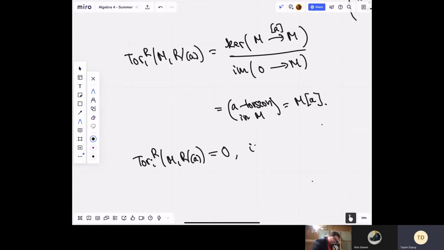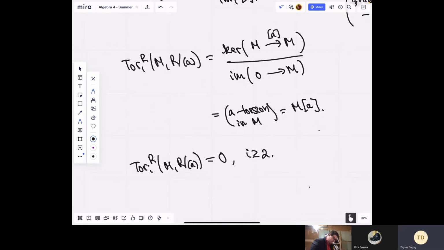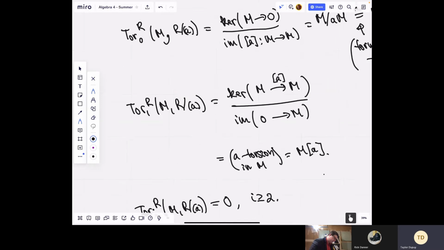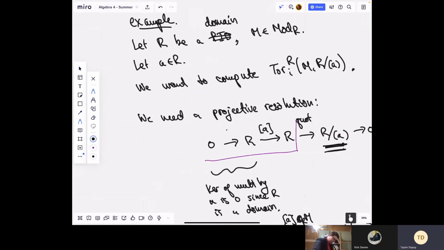So R only needs to be a domain. And so that gives us a formula for Tor.